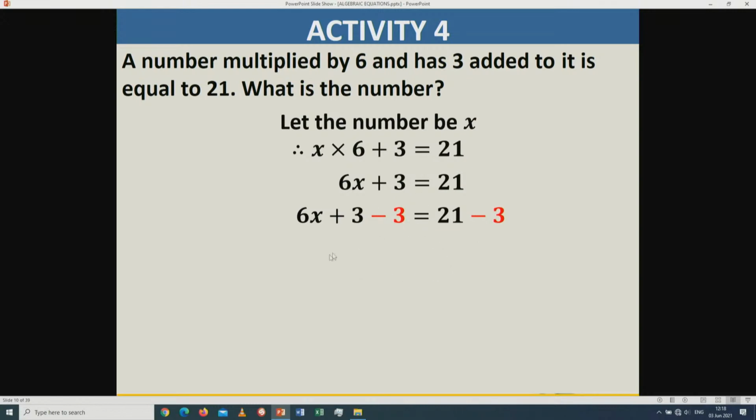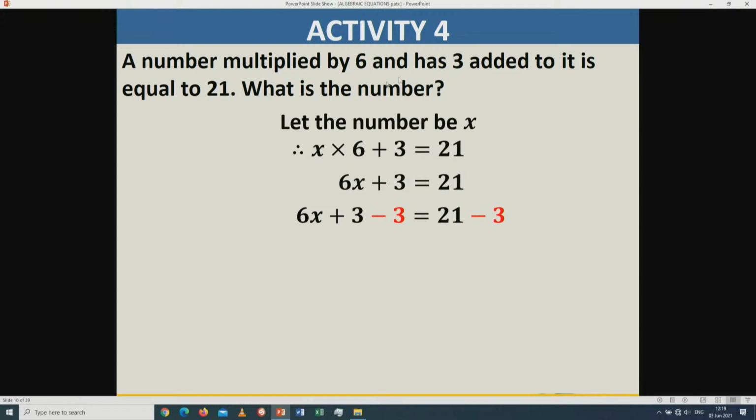Now, remember I indicated when we started the lesson that in the equation, we have a balance. That simply means whatever we add to one side is going to make the balance unbalanced.